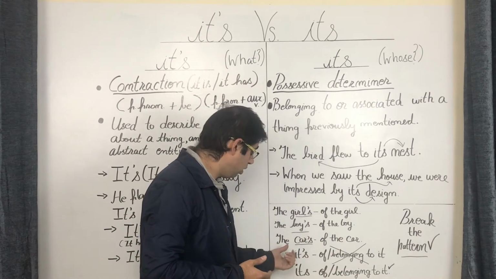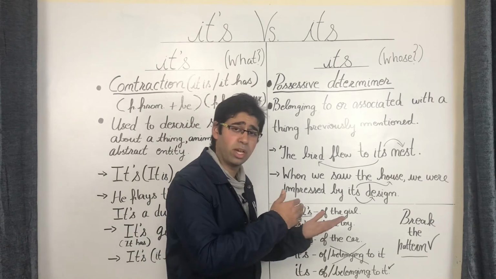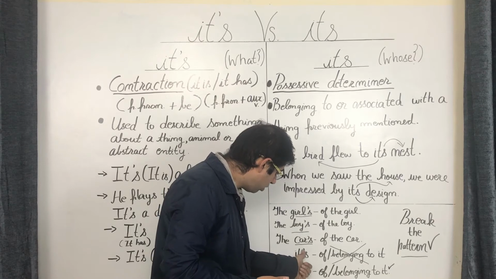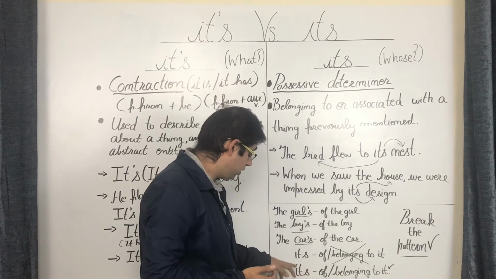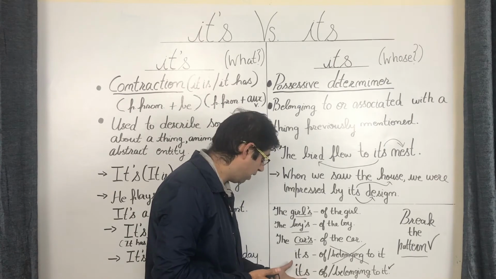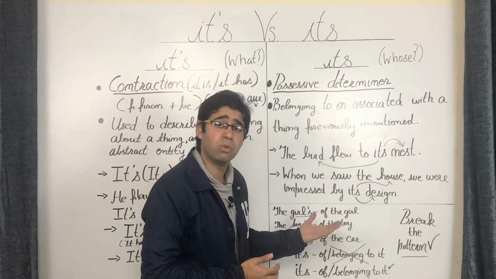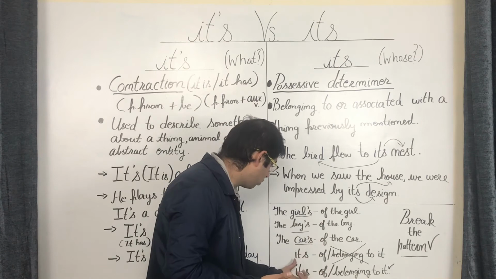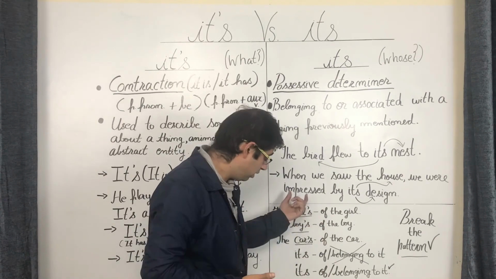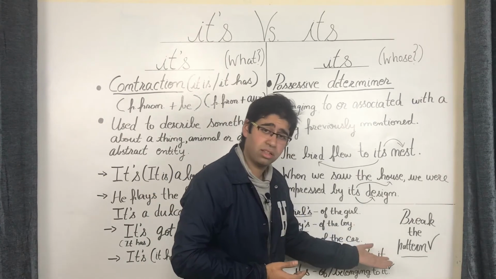In order for "its" to express the meaning of belonging to it, you need to take away that apostrophe from there, resulting in "its". Now, this "its" minus the apostrophe is going to convey the same meaning as would be conveyed by girl's and boy's with the apostrophe. And that quite simply is the rule, breaking the pattern.